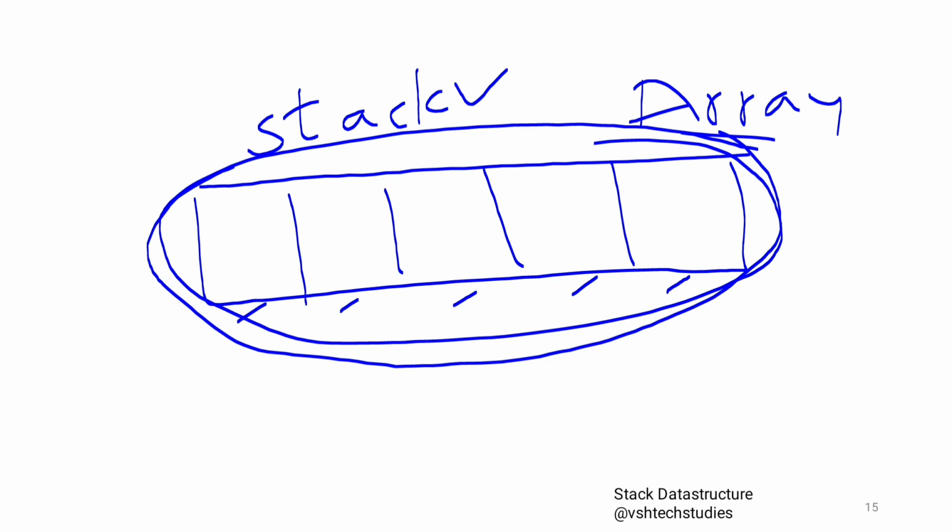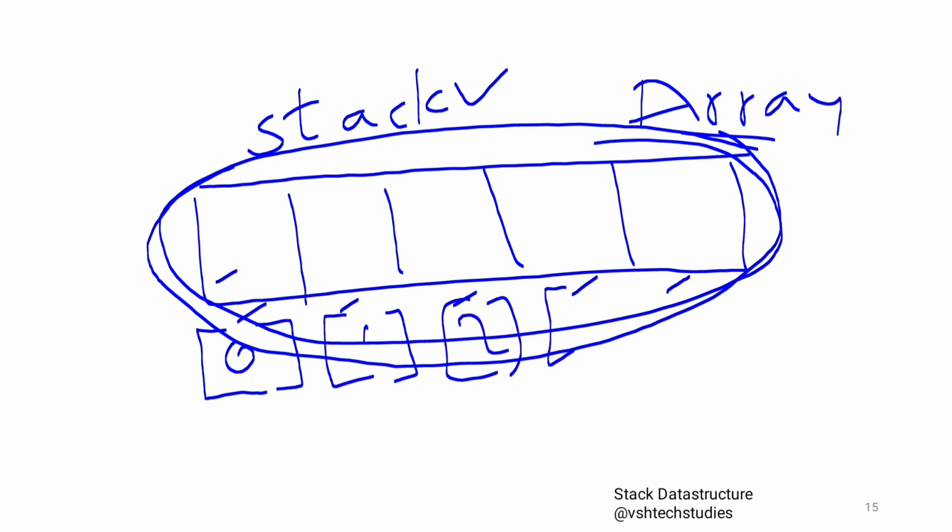Then if I want to access a memory location, each location is identified by the index. This is index 0, this is index 1, here 2, here 3, here 4, right? So an array of size 5 memory locations, and the index varies from 0 to 4.